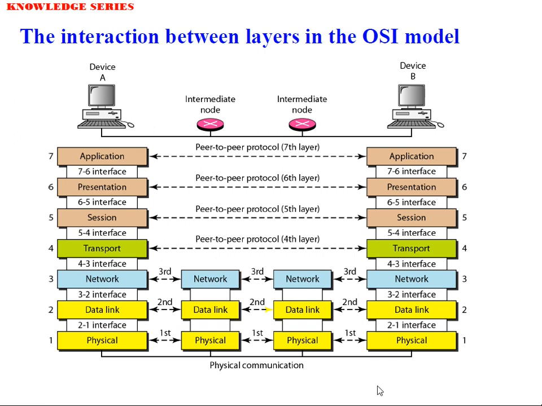Finally at the destination side, the reverse actions take place: physical layer, data link layer, network layer, like that. Finally it goes in a reverse way.